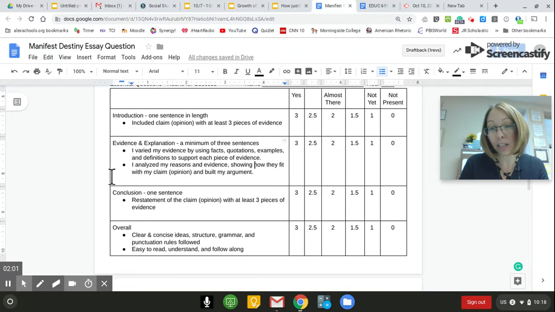Then in the next sentences, and this would be about 3 sentences in length, they're going to elaborate and talk more about each of their 3 pieces of evidence. So they're going to use facts, possibly quotations from something we read or from the textbook, examples that we gave, definitions of things to support that.